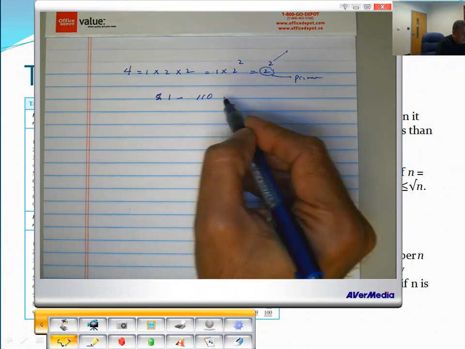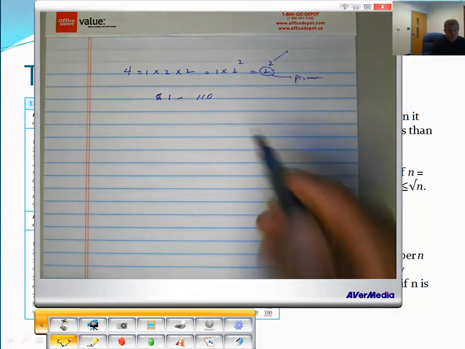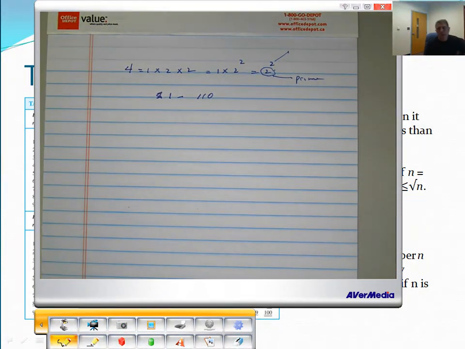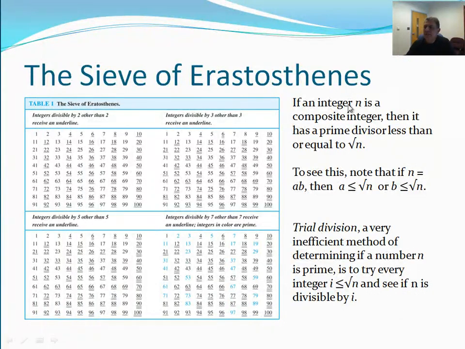What are the prime numbers between 1 and 110? All right. Let's take a look here. If an integer n is a composite integer, then it has a prime divisor less than or equal to the square root of n. All right.